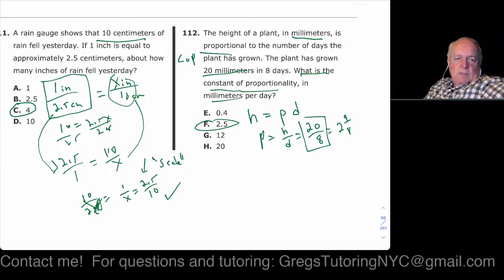If we remove words, it says the height is proportional to the days. That should leap out at you guys that that's what they're asking you to do. The height is proportional to the days. All right, so that's 112. Nothing too deep going on this page at all. So that wasn't too bad.